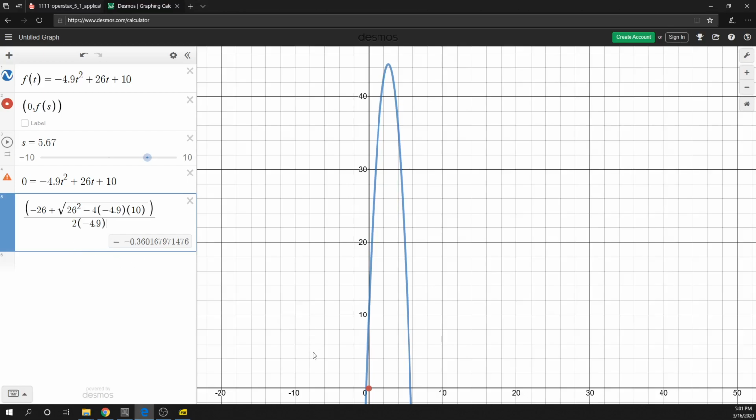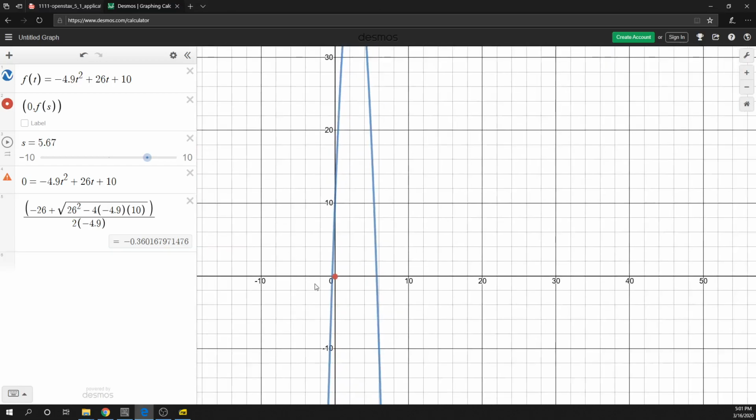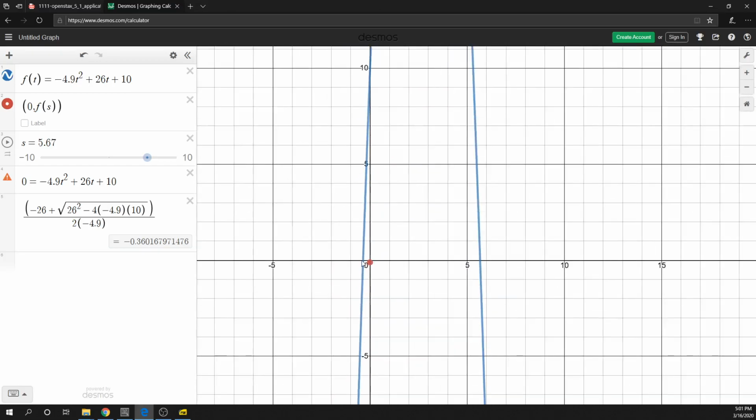All right, so that's what we get, and you can see we are getting a negative answer. That is this one right here. So remember what I said about the time starting at 0. So really, this answer just needs to be thrown out on this applied problem. Now, if the problem was find the x-intercepts of this function, well, then that is an x-intercept, right?